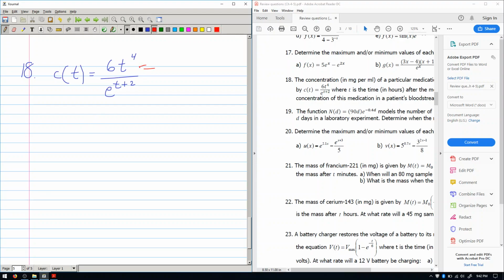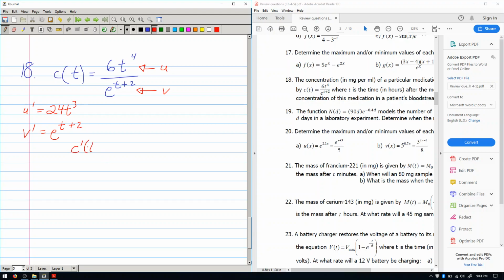Well, u on top, v on the bottom, I can split it up. U prime is 24t cubed. V prime is equal to e to the t plus 2 ln e, which is 1 times 1, so that's v prime as well. And then I can just apply my derivative rules.